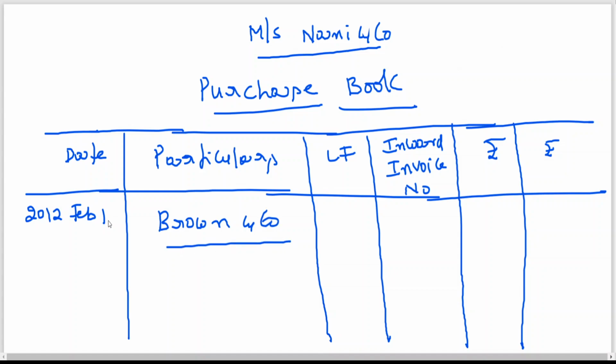That is the advantage you have in the subsidiary book. Purchase 5 gross pencils at the rate of 10 rupees per gross. You write in the inner column 5 into 10, 50 rupees.